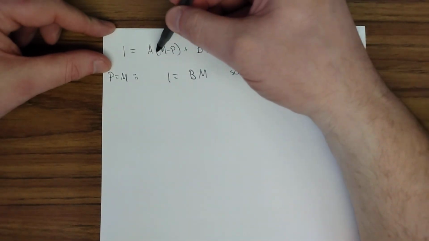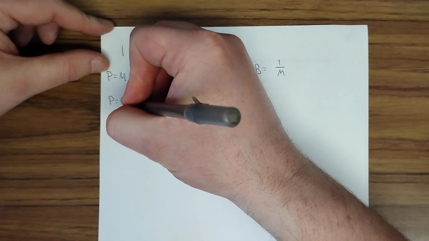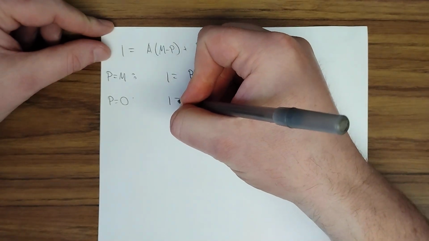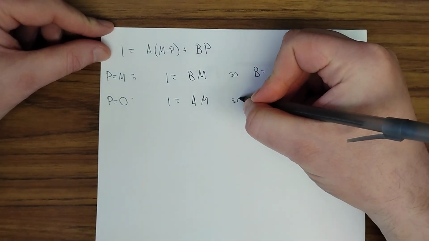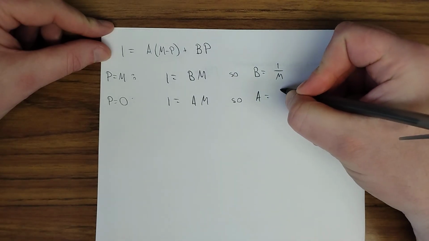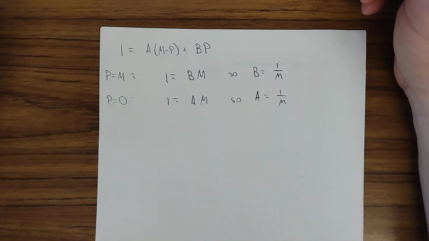So we just figured out b. I did that by making this disappear. Let me make the other one disappear. So I plug in p equals 0. I get 1 equals a times m. So a is also 1 over m. And we just figured out our a and our b.